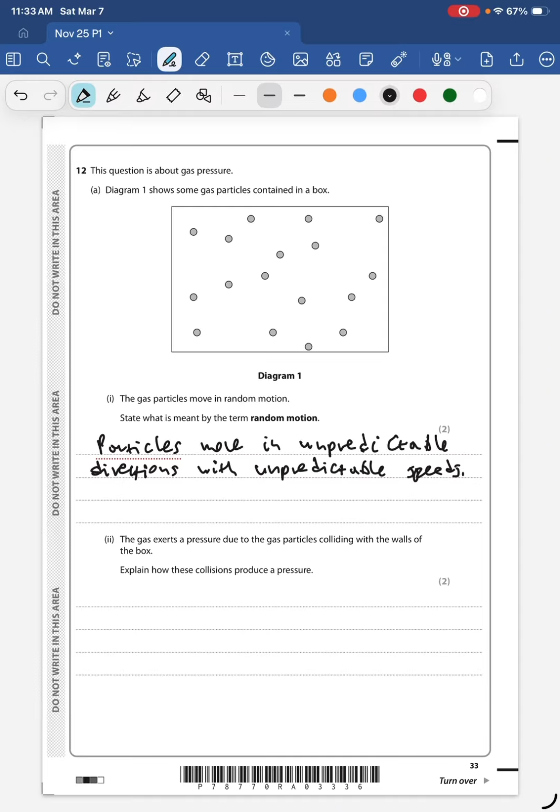Okay, 2. The gas exerts a pressure due to the gas particles colliding with the walls of the box. Explain how these collisions produce pressure. So a force is produced when particles collide with the wall.